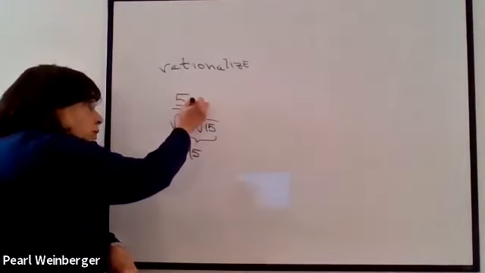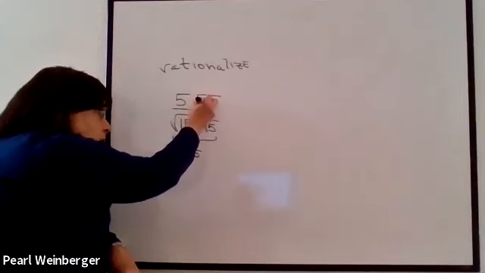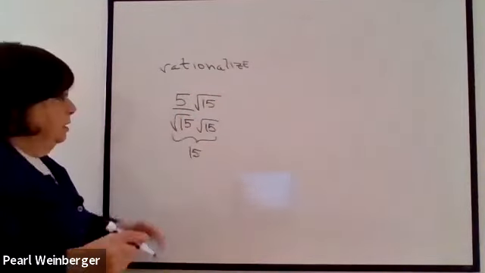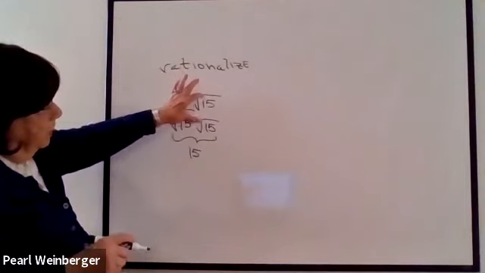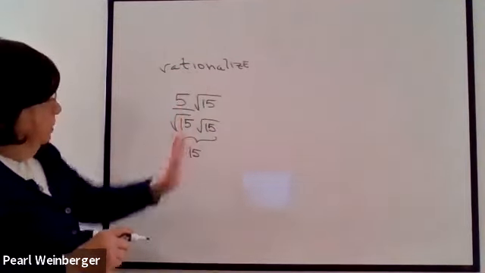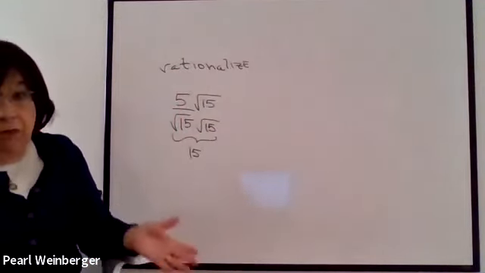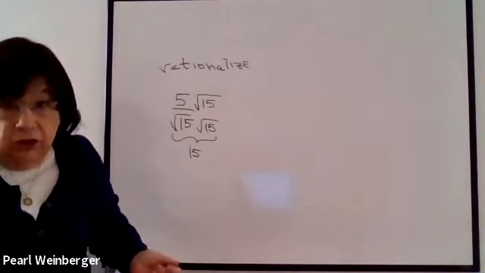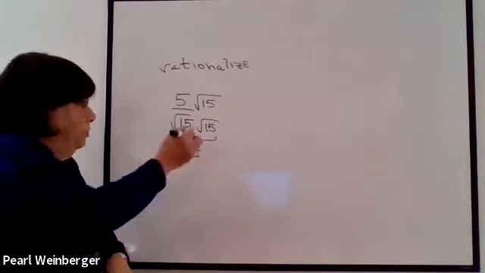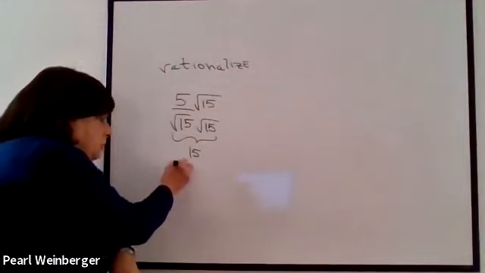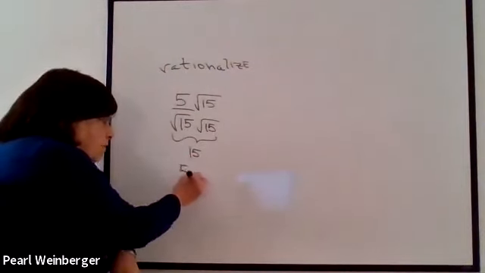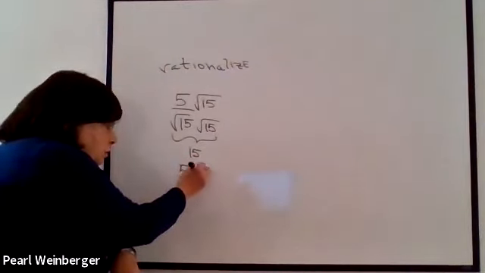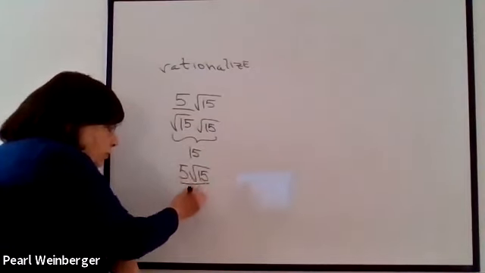But of course, whatever I do on the denominator, I have to do the exact same thing in the numerator, because if I multiply by radical 15 over radical 15, I'm just multiplying by 1, and multiplication by 1 doesn't change your value. So therefore, this comes out to be 5 radical 15 all over 15.